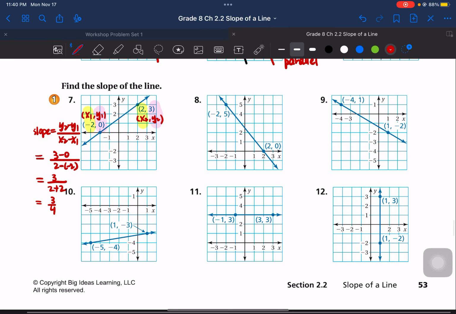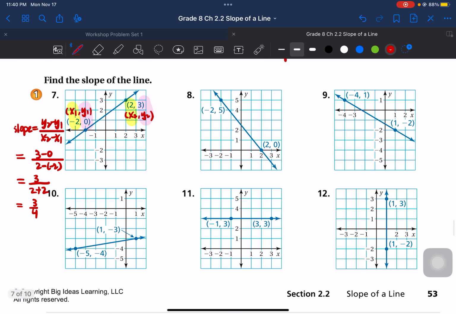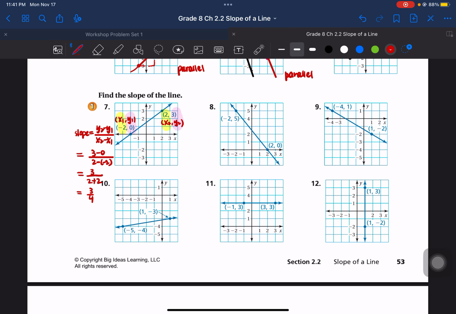For questions 8 through 12, you're going to do it by yourselves. You simply use 2 points, and then you use the change in y over the change in x. But just pay attention to the negative numbers. So that's 7 through 12.